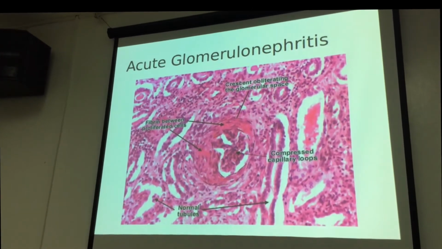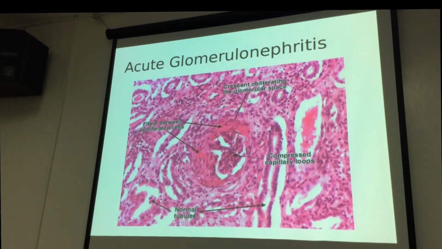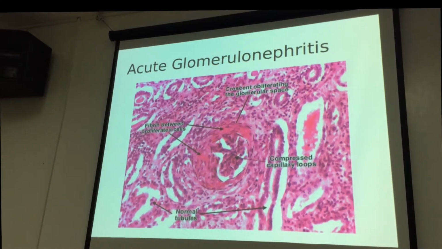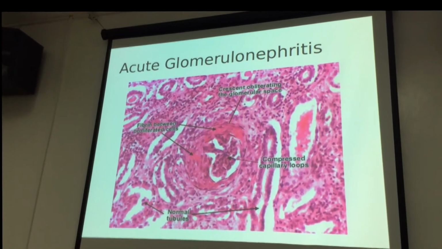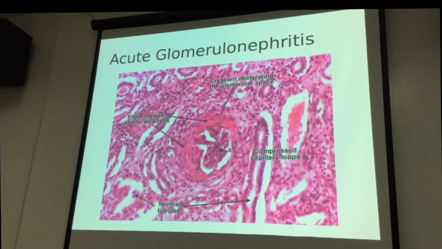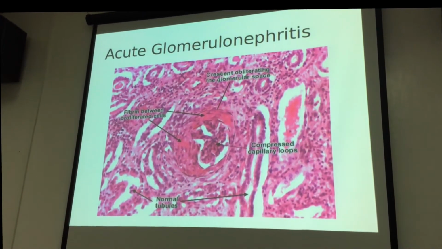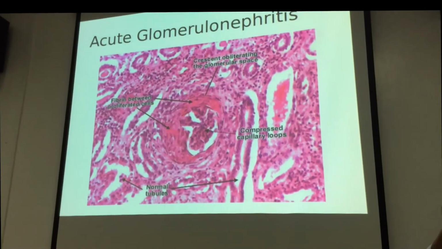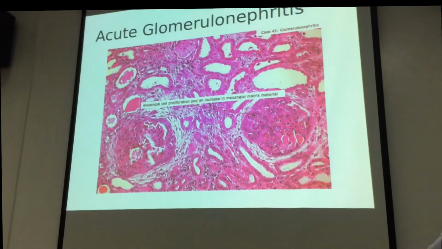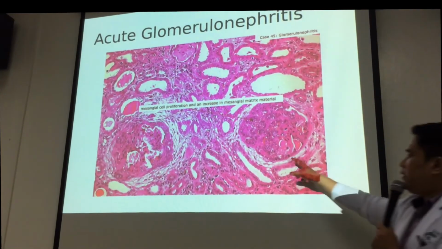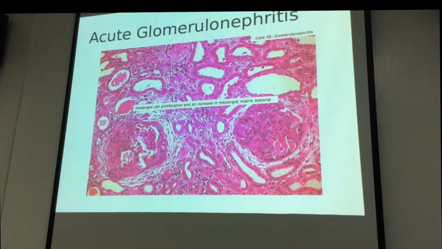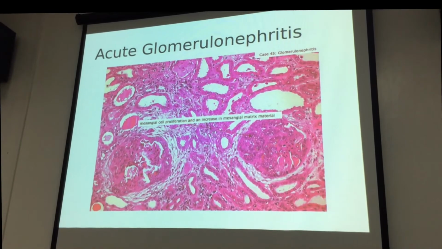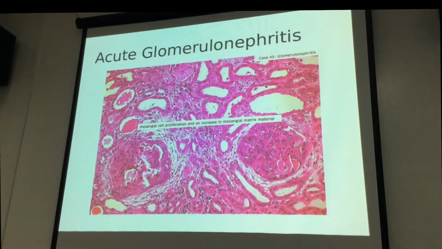Not specifically for glomerulonephritis, but there are other pathology conditions which involve the glomeruli, which will also bring about changes in the thickness of the blood vessel walls. So another form, complete obliteration of the Bowman space and seemingly normal renal tubules.